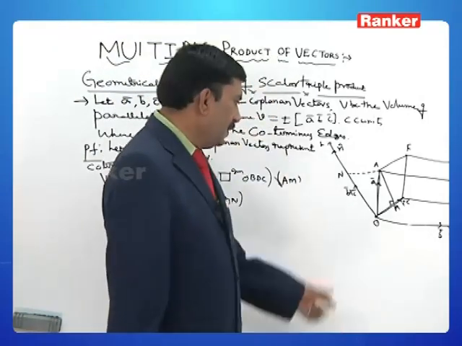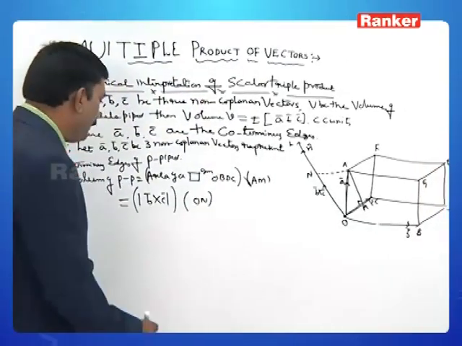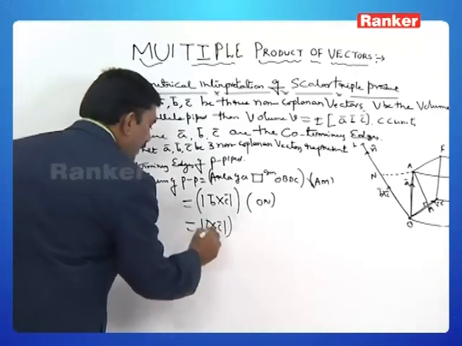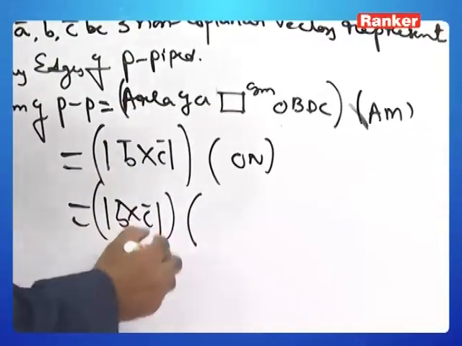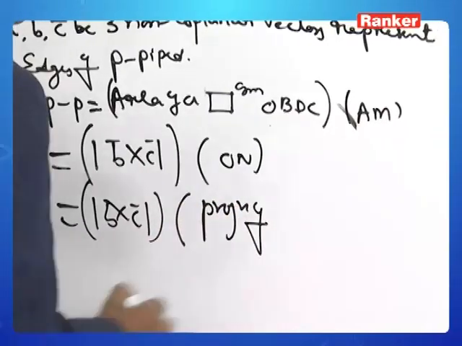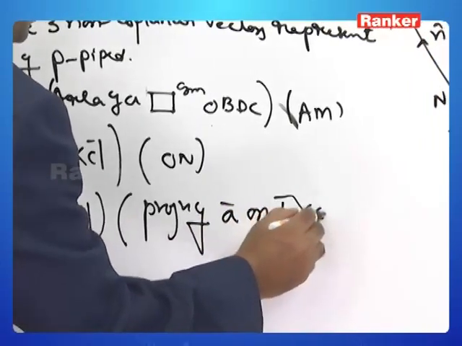Right? It's also length. So therefore, what I write is B bar cross C bar into, what is ON? Projection of A bar on B bar cross C bar.